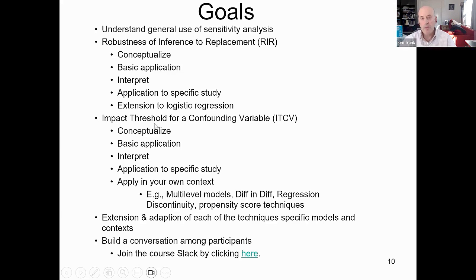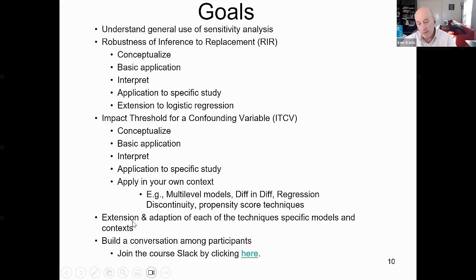And then we'll talk about the impact threshold for a confounding variable. Then again, we'll walk through the same sequence, including maybe some applications in your own context to multi-level models, diff-in-diff, regression discontinuity designs, that sort of thing.